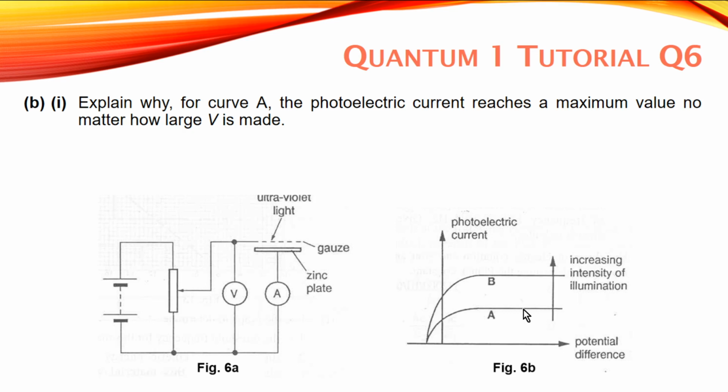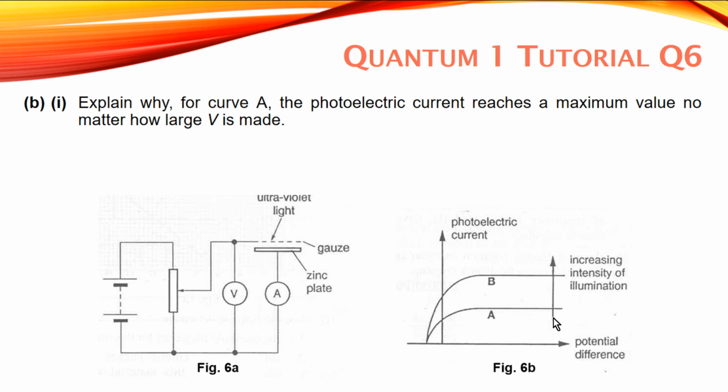Well, this current is a reflection of how many electrons have been collected by the gauze. But the number of electrons emitted by the plate actually only depends on how much light you shine onto the plate. The more light you shine onto the plate, the more electrons are emitted and collected. The less light you shine on the plate, the fewer electrons are emitted and collected.